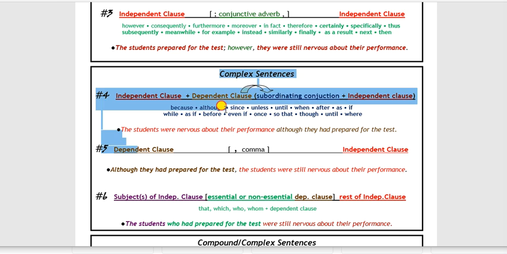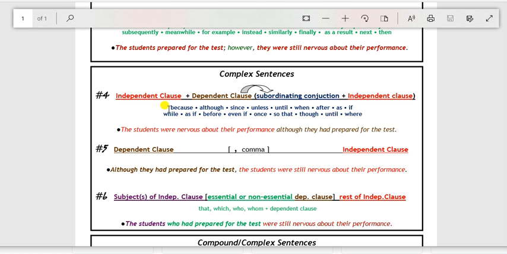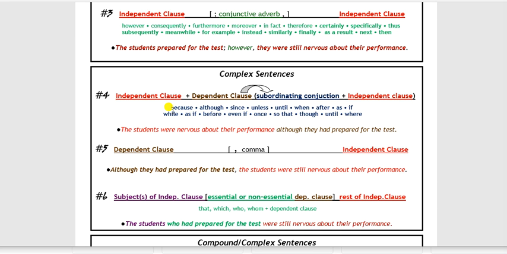So glad you asked. There's a nice list right here of subordinating conjunctions. These also show some type of relationship between these clauses. Because, although, since, unless, until, when, after, as, if, while, as if, as a team, before, even if, once, so that, though, until, where.